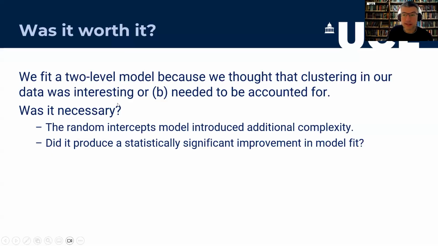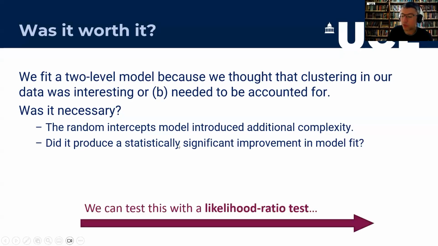So is it worth it? Is it worth doing all of these extra steps when we have a nested model? And also, was it necessary to actually account for this structure of the data? If we want to answer this question, one way to do it is to test with a likelihood ratio test whether accounting for the structure of the data is necessary.